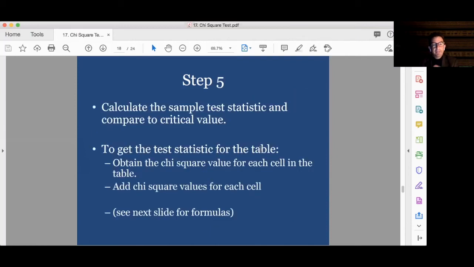So in step 5, now that we know how the tables that come from a population with no relationship are distributed, we get the chi-square statistic for our own table, so that we can compare it to those when the null is true. And we have to get a chi-square statistic for the whole table.